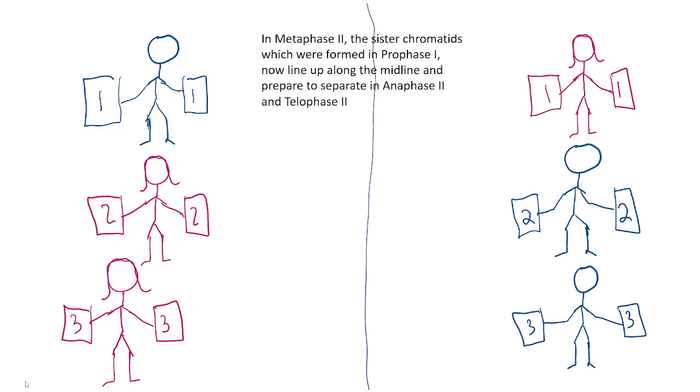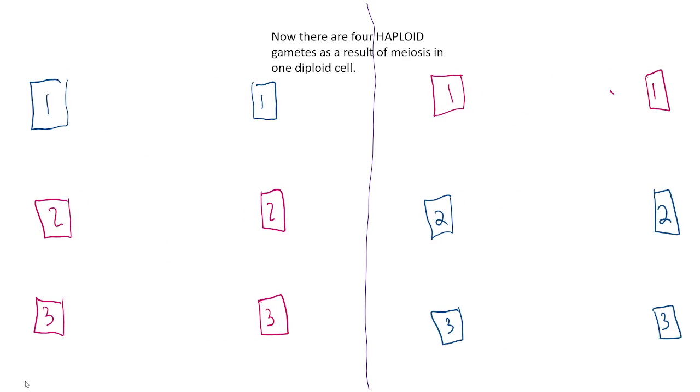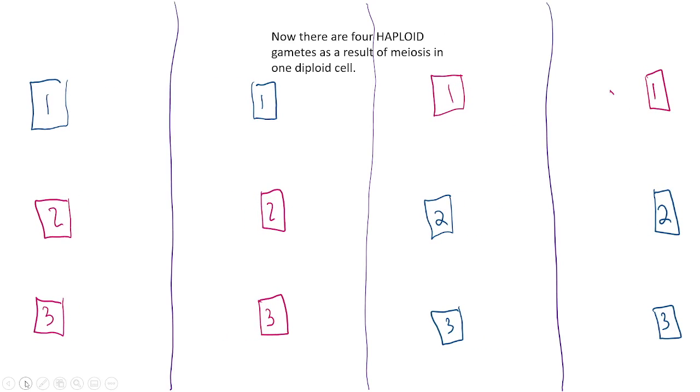At this point, those sister chromatids are going to go to opposite ends of the cell, and now I have 4 haploid cells or haploid gametes as a result of meiosis from that one original diploid cell.